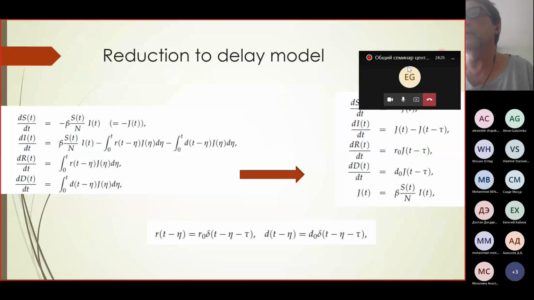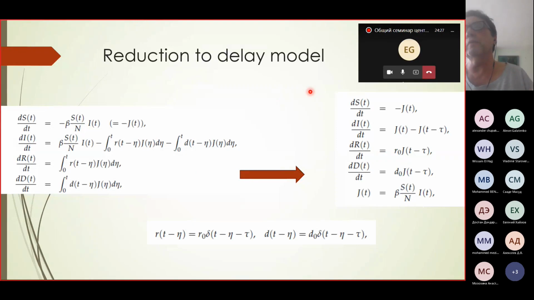Another reduction, another simplification of this model is shown here. We can reduce this model with distributed parameters to a model we call just a delay model, or it can also be called a point-wise delay model, because such models on the left are sometimes called models with distributed delay.